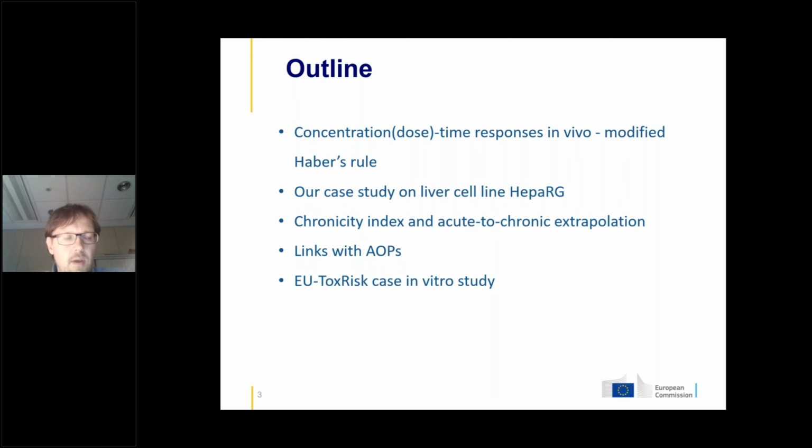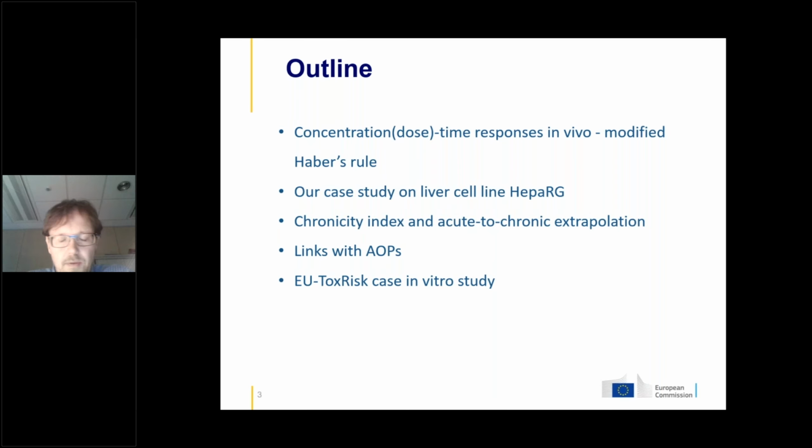So first I will tell you about our motivation, why we are interested in this subject and what we expected from it. Then I will show you our case study on the liver cell line HepaRG. Then present the method we developed to identify a chronicity index and how to extrapolate the acute measurements into chronic toxicity.